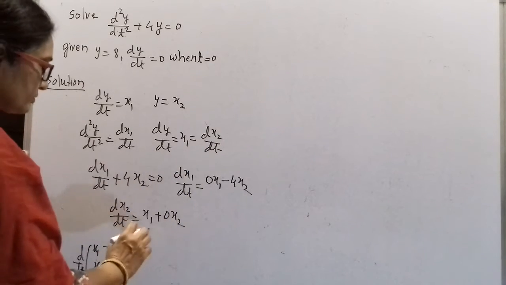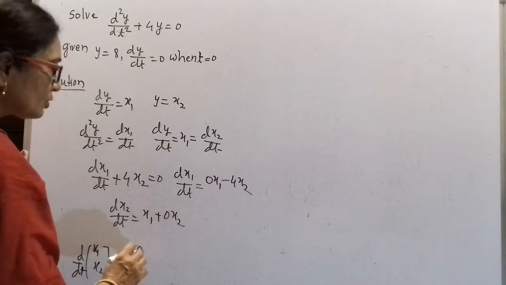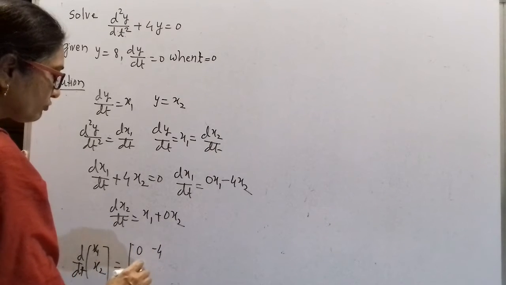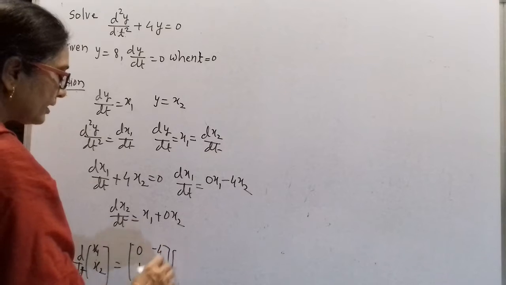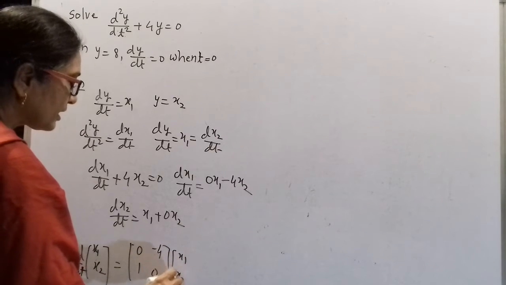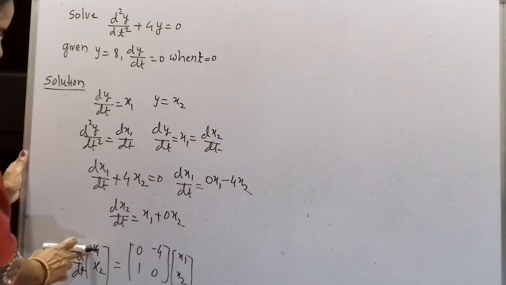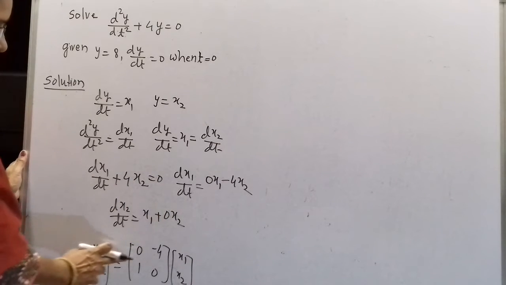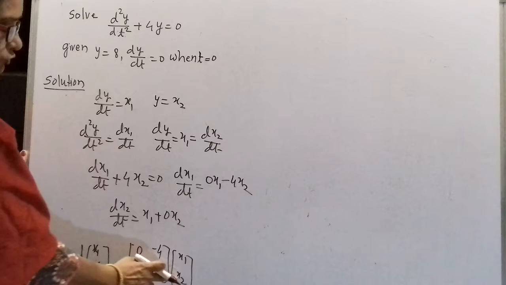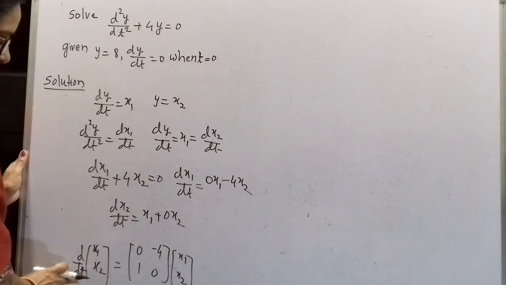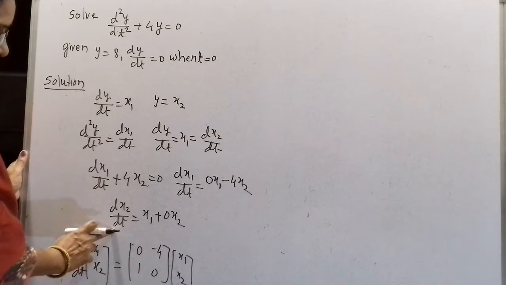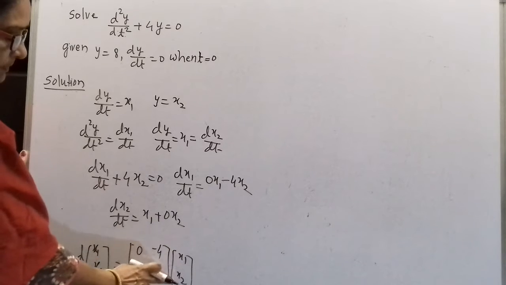If we multiply it, we get the first equation, d/dt of x1 = 0·x1 − 4x2, and for the second, d/dt of x2 = x1 + 0·x2.